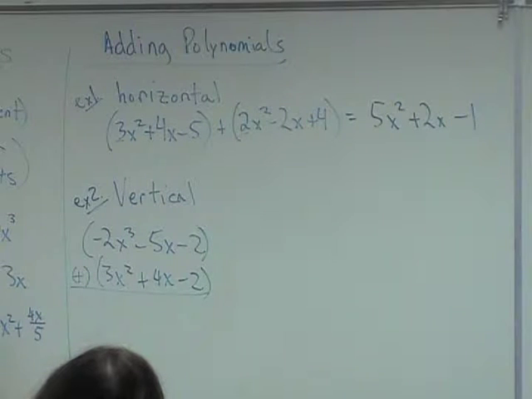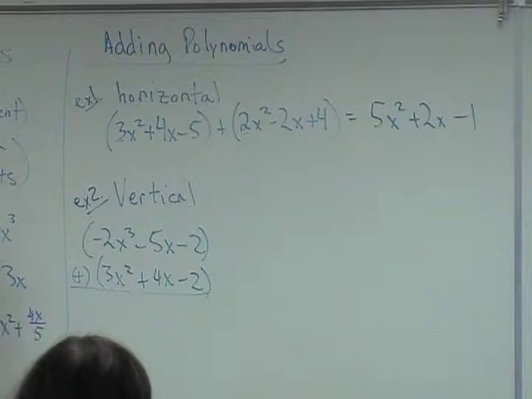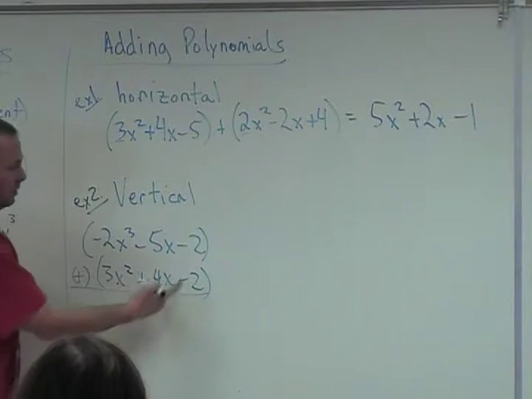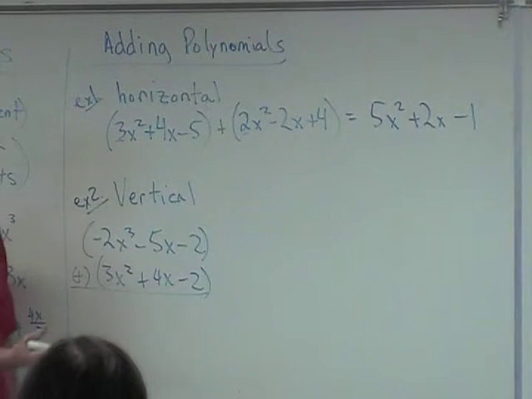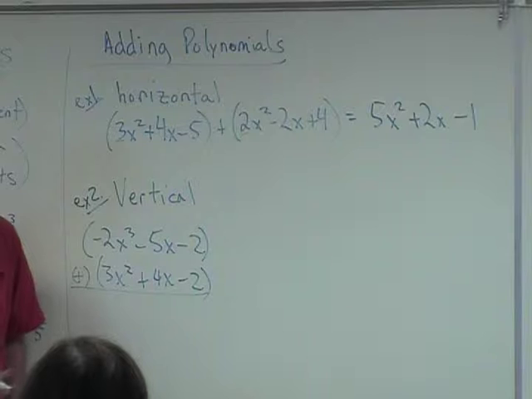Now I think everybody in here, or almost everybody in here, can actually do this, but I want to show you something. You don't necessarily need to do what I'm going to do, but it might help you, those of you who struggle. Notice that these two are alike because they're constants.